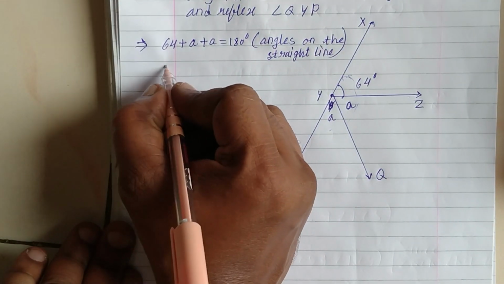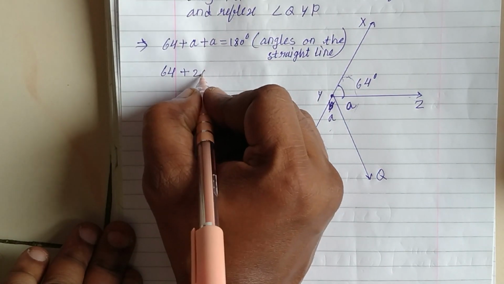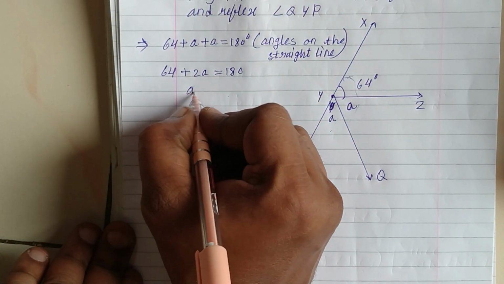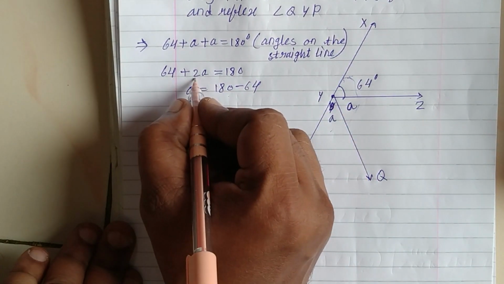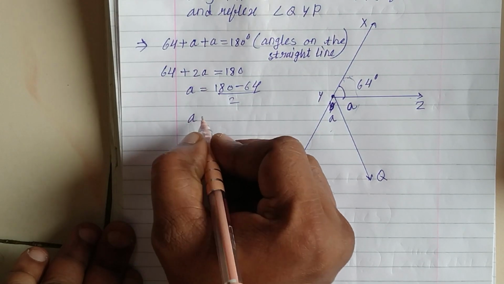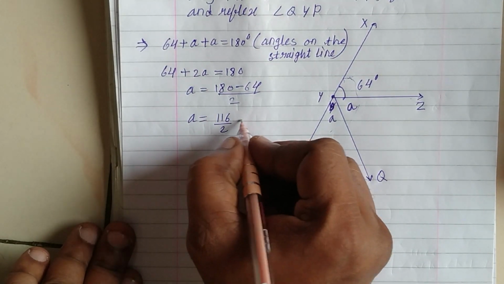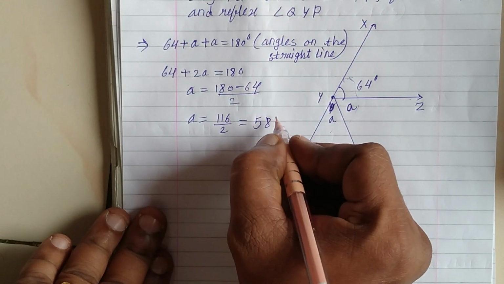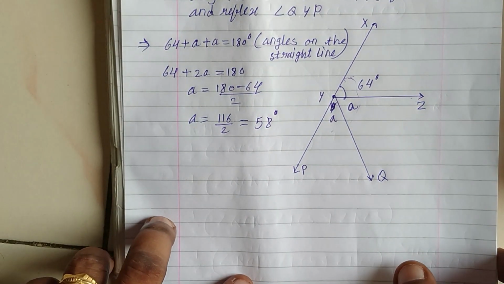Now here I will solve. A plus A will be 2A equal to 180 minus 64, and 2 will transpose and it will become divide. So it will be 116 divided by 2. So the value of A will be 58.